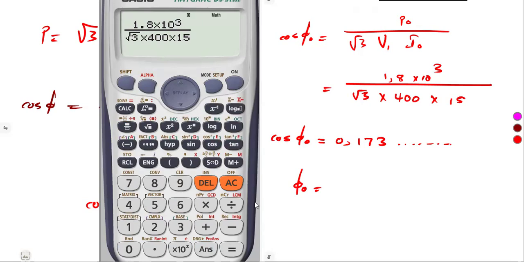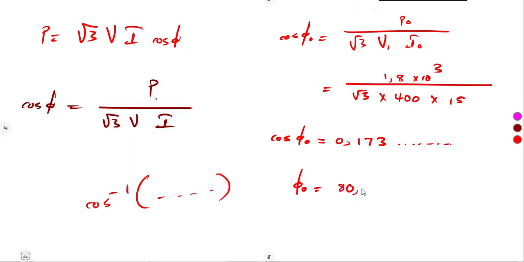You get this answer, then simply shift cos, that is arc cos of the answer you obtained. That gives 80.023, something like that.